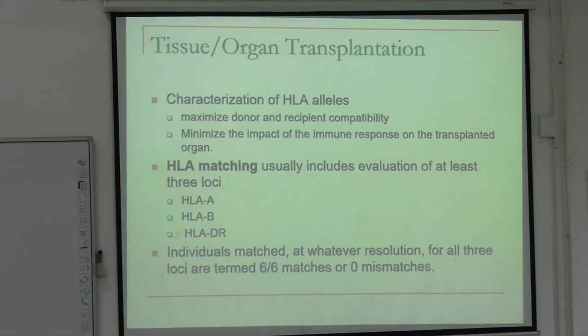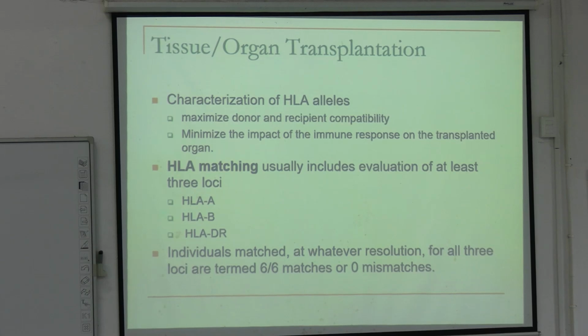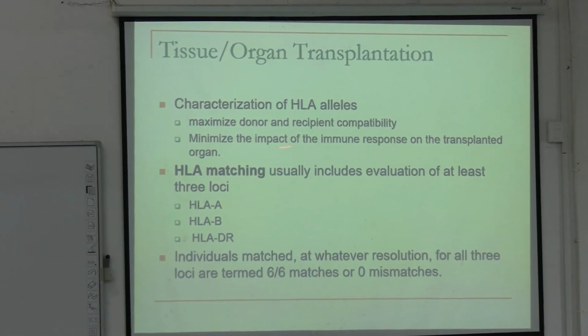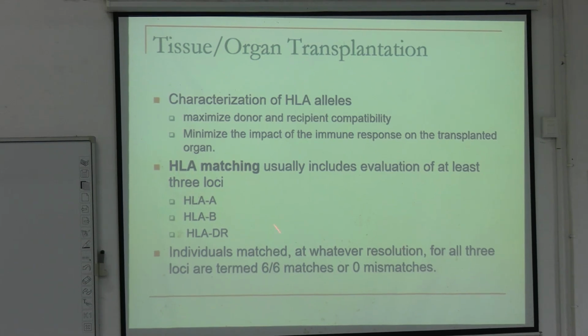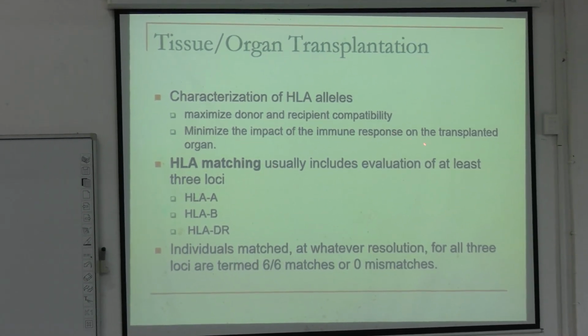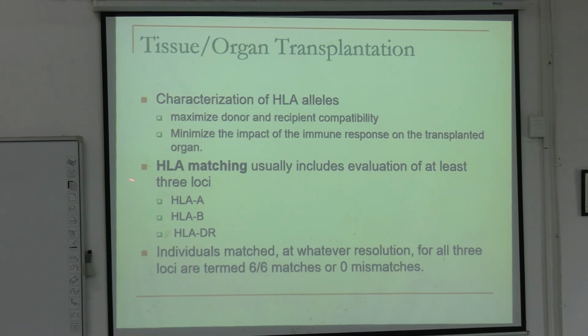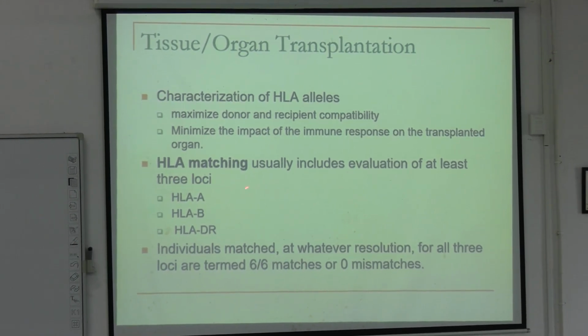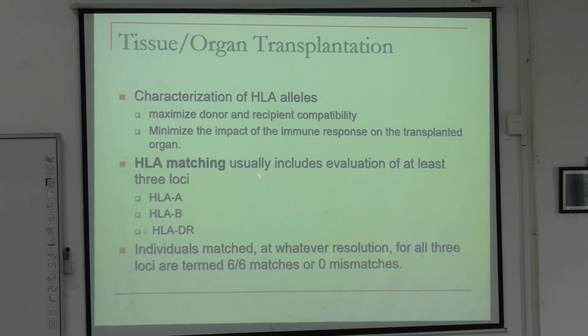Now in tissue or organ transplantation, what happens? Usually we do this to maximize donor and recipient compatibility and to minimize the impact of the immune response on the transplanted organ. So this is why we do HLA matching. What HLAs are needed to match in an organ transplantation?